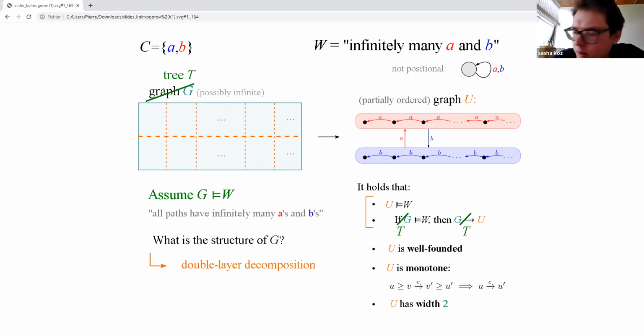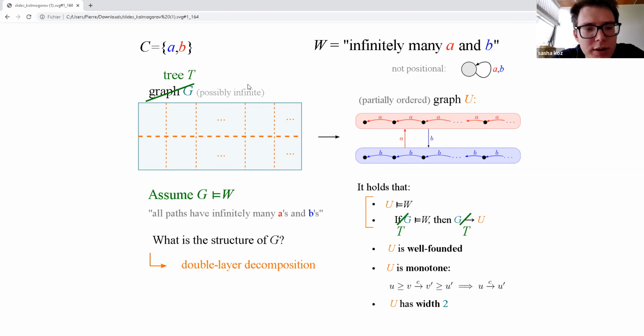In the case of well-founded graphs, it's equivalent to embed all the trees or all the graphs. But if the order is not total, if it's a partial order, then it's not equivalent, and the good notion is embedding all the trees.